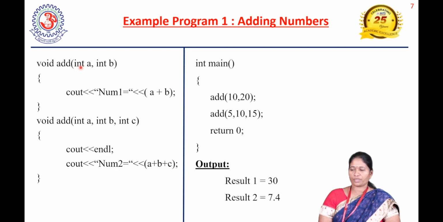Before that, let us follow the syntax for function overloading. To declare a function, we have to follow the return type. We can use any return type, like void, integer, double, float. Many data types can be used as the return type.